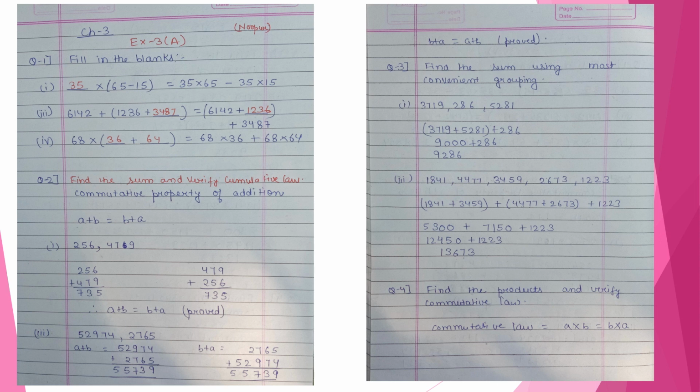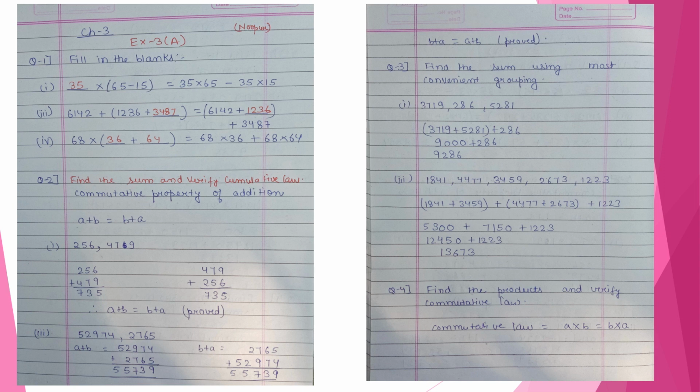Third, 52974, 2765. So we'll take 52,974 in the first place, added to 2765. We are getting the sum 55,739.